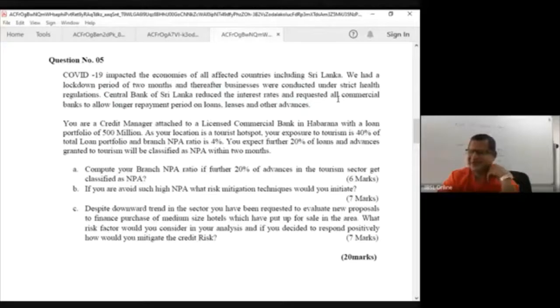So you have got an opportunity for a customer who has come to buy a medium-sized hotel. Risk factors you consider: you take the hotel per se, the hotel which is for sale, which is not making money. So there's no point analyzing financials of that hotel for the last 3 years, because probably in the last 2 years the hotel did well, and this year it is not doing well.